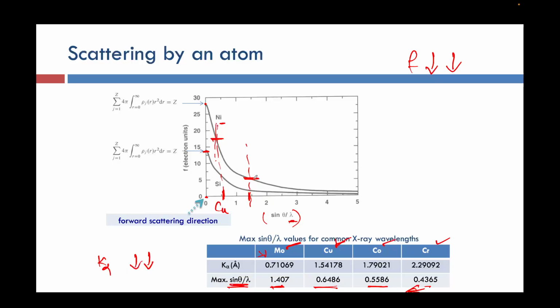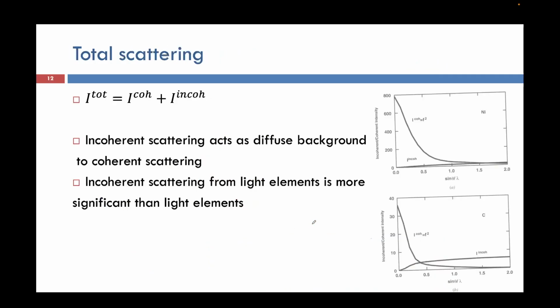So this is another reason to look at when selecting a particular source for our material. We should not randomly decrease our K alpha wavelength, but also take into consideration sine theta by lambda. And yes, this is how this curve looks.